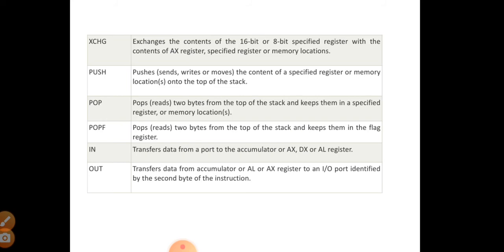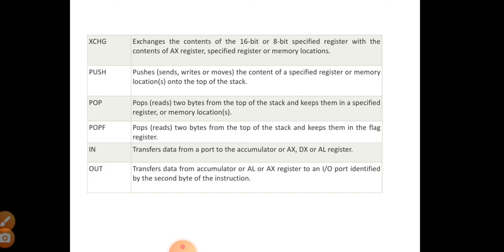What is the data transfer instruction? The data transfer instruction indicates the movement or transfer of data from register to memory, register to port, memory to register, port to register, memory to memory location, or port to port. There are several instructions in this category.